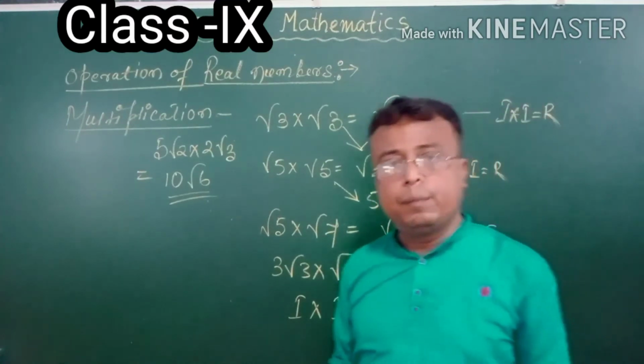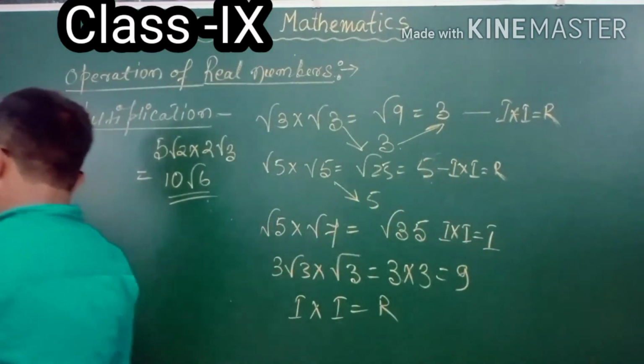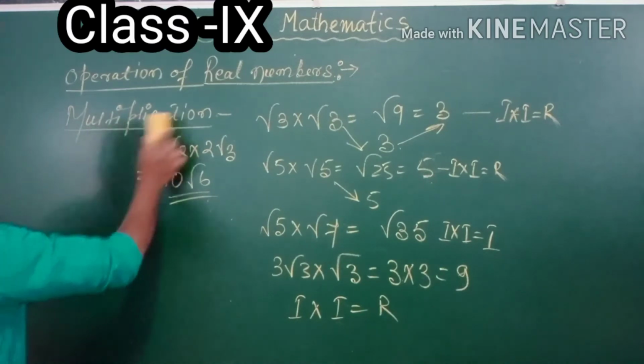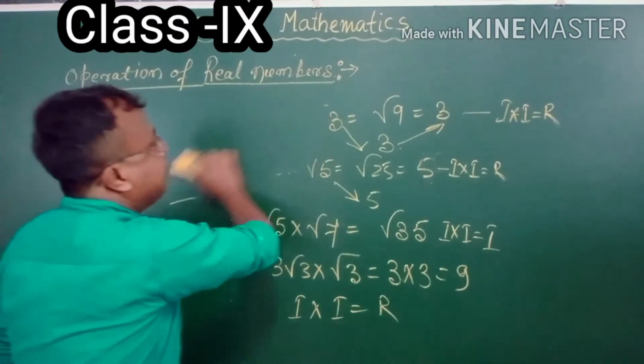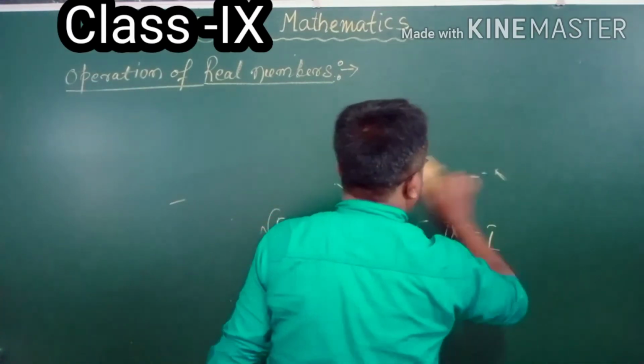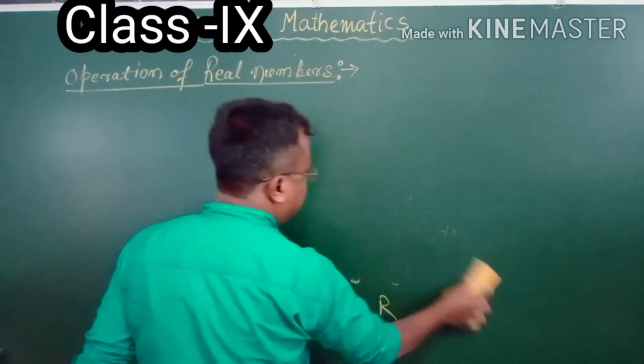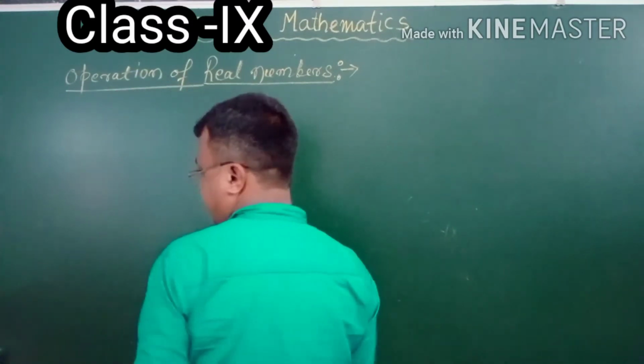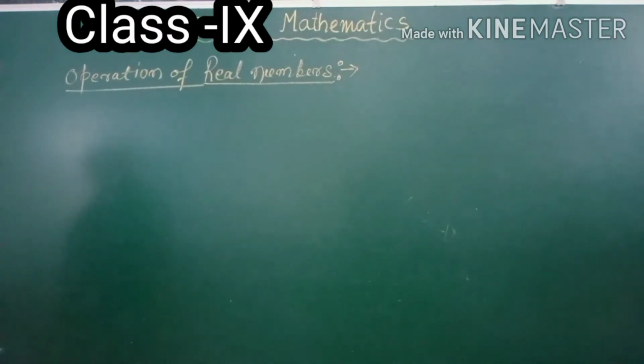So for doing the division, we have to do the rationalizing of the denominator. So let us learn what is the rationalizing of a denominator and how to do it. So let us see this.